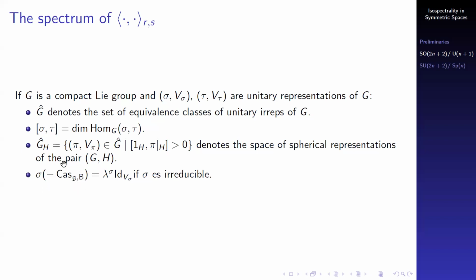If the representation is irreducible, this element acts by a multiple because it's in the center. So we are going to denote by lambda sigma the multiple by which minus the Casimir element acts.